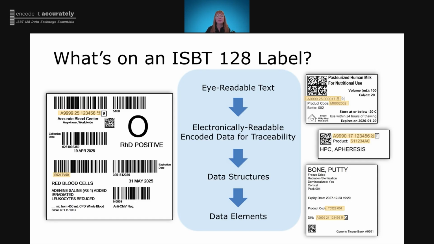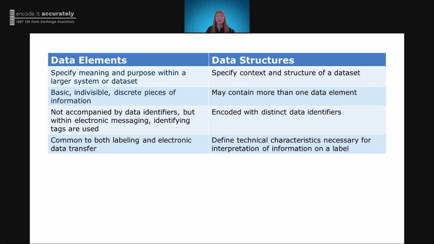So let's break down the difference between data elements and data structures. Data elements specify meaning and purpose within a larger system or data set, while data structures specify context and structure of a data set. Data elements are basic, indivisible, discrete pieces of information, while data structures may contain more than one element.